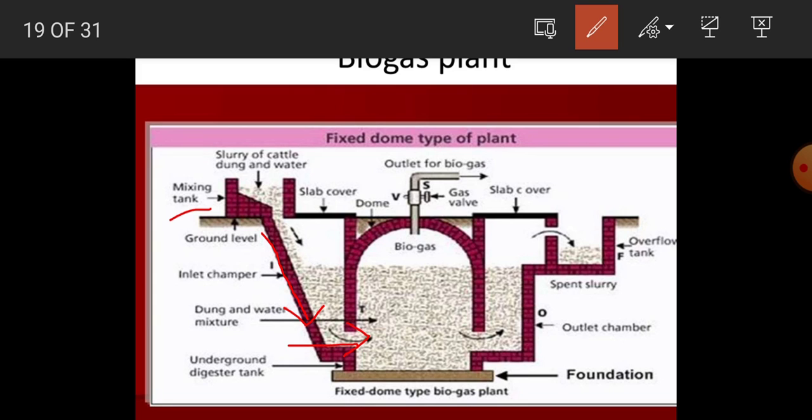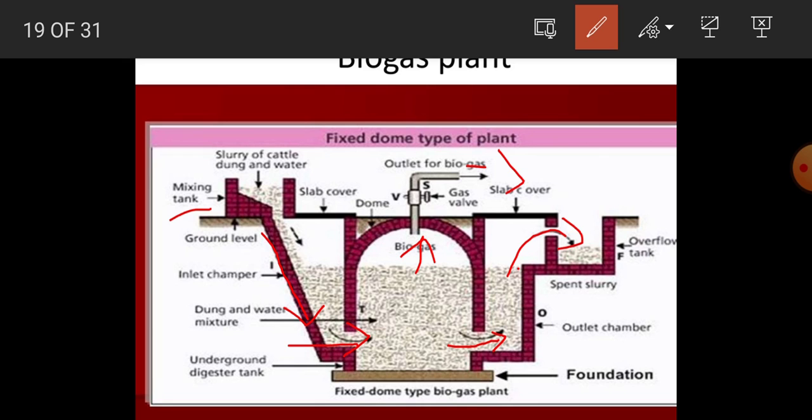After decomposition, the biogas is generated, and the remaining slurry is moved toward the exit or overflow tank, and that slurry is moved outside the overflow tank, and the biogas we can use for our cooking purpose.